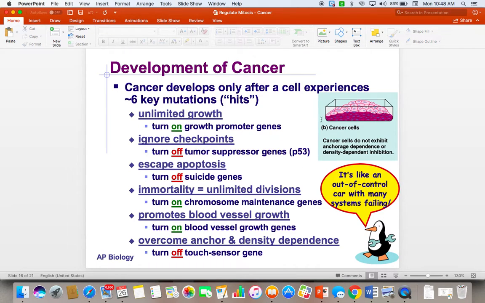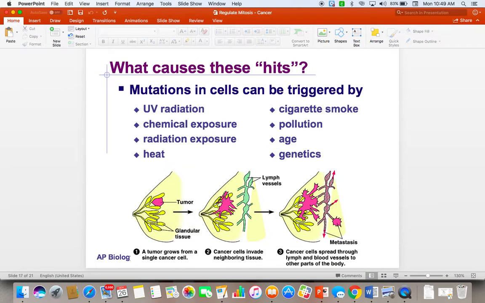So you have unlimited growth. So look how now the cells are filling up the dish where they just made one layer earlier. The checkpoints are ignored. Apoptosis doesn't occur when it's supposed to. When we make a bad cell, normally those cells will dissolve themselves. It just doesn't happen in cancer cells. Then you get lots of blood vessel growth, which means that you're taking more nutrients to the cancer cells. And so just all kinds of things are going out of control.